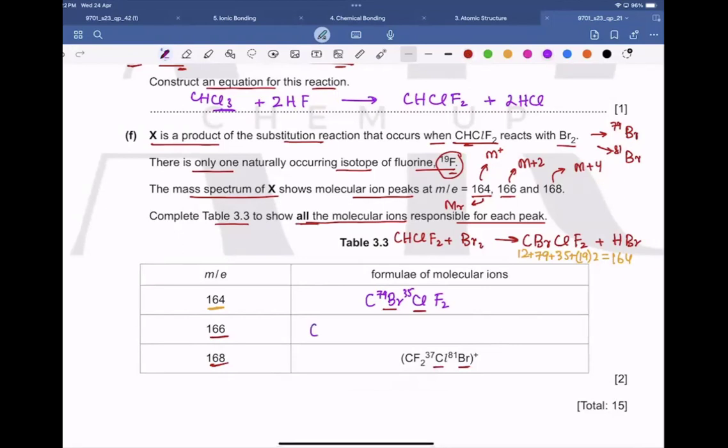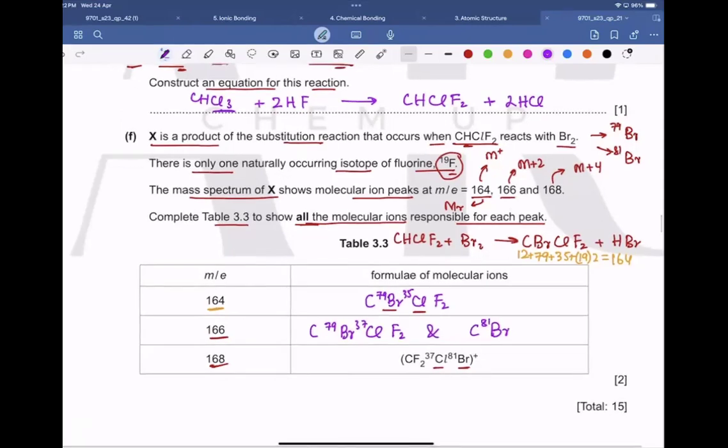One is C with 79 Br and chlorine 37 F2, and the second would be carbon with bromine 81, chlorine 35, and F2. In both cases, if you calculate the Mr, you will get 166.